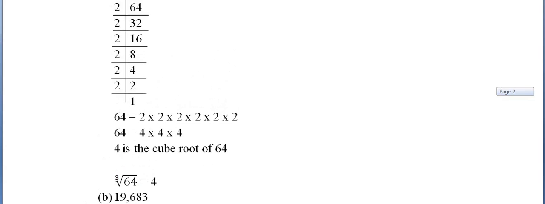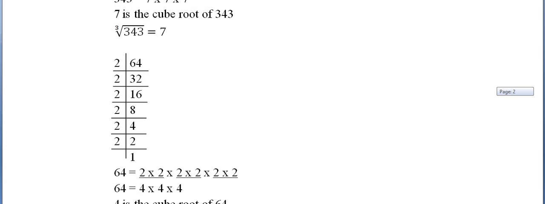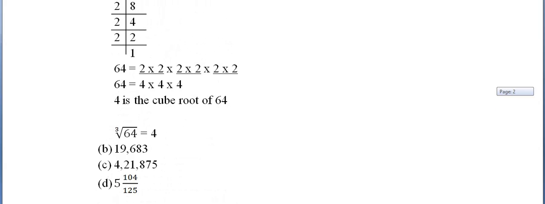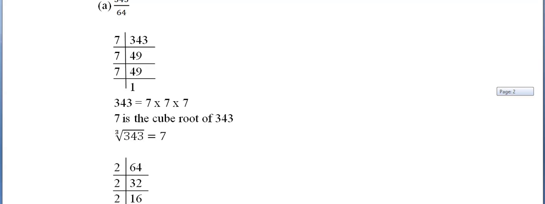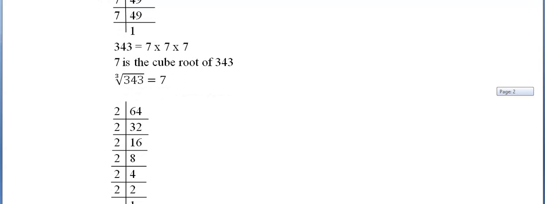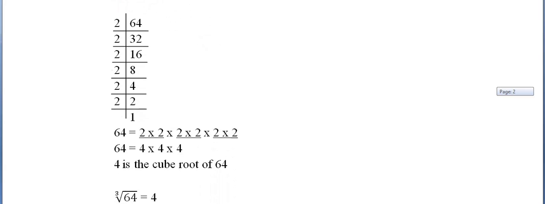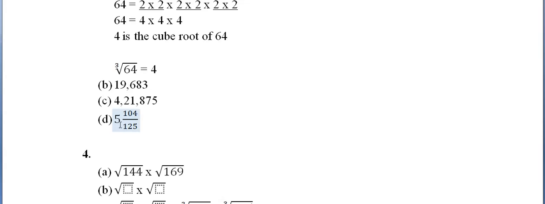It will be better if you show every step of how you are getting your answer. So this is how you will solve question number 3a. The same process you will apply in question number b, c, and d also. First of all, you will convert this mixed fraction into an improper fraction and then follow the same steps.